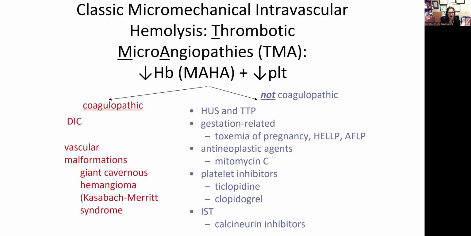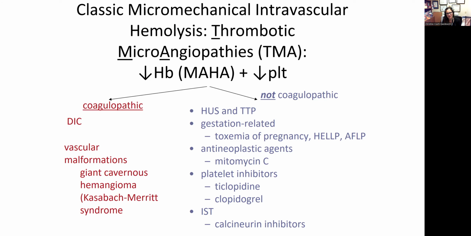Now, if you have a MAHA with thrombocytopenia, you have to think about whether or not they're coagulopathic or not coagulopathic. It's either DIC or a vascular malformation event versus a TTP-like pathology. So HUS, TTP, HELLP, some endotheliotoxic and antineoplastics.